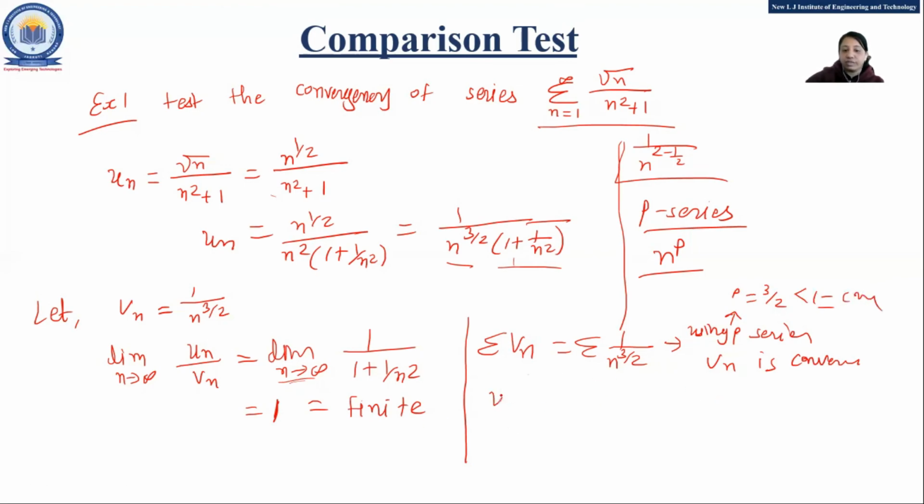Now vn is convergent, so using the comparison test, we can say that our un is also convergent.